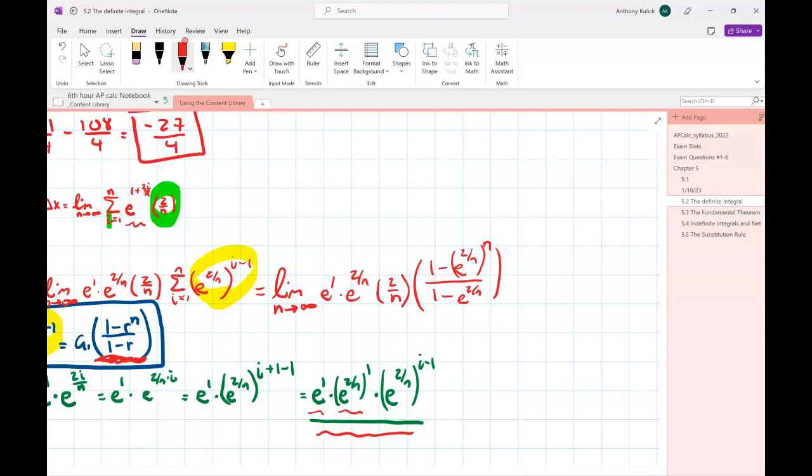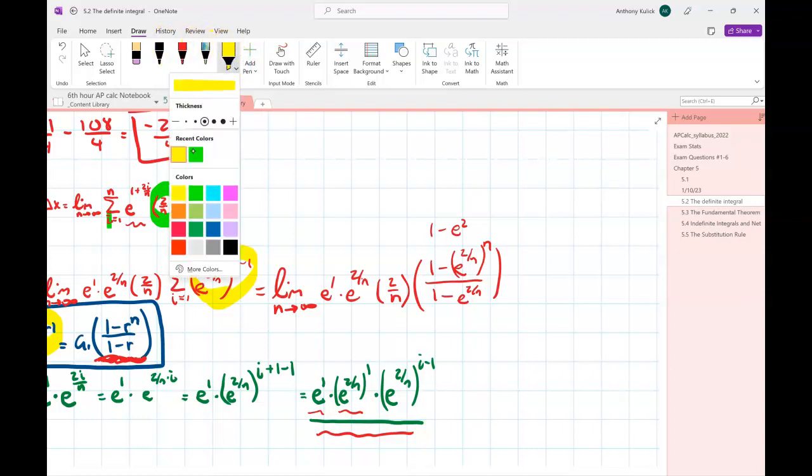So 1 minus e to the 2 over n to the n is just the same thing as 1 minus e squared, right? When I multiply the exponents there, I just get 2 over n times n. And so now I'm going to do some cleanup here. So I noticed that, give me a different color.